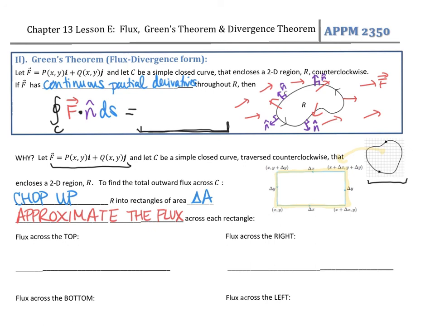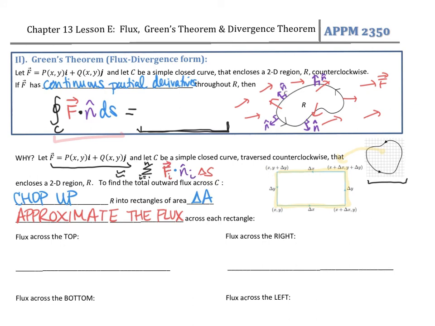And just remember, to define flux over here, what we're really doing is adding up the F, like the force vector, dotted with the normal vector at a given point, and then times a little delta S, and we're adding that up and taking the limit.